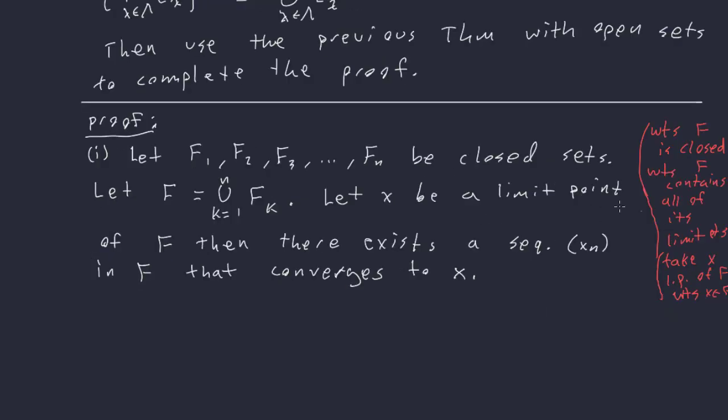Now if this Xn, if this sequence is in F, it's in the union of all of these. That means the sequence, I can't say it's contained completely in one of these sets. However, an infinite number of terms of Xn must live in one of these sets. So if X sub n is contained in F, then X sub n must be completely contained in at least some of these sets.